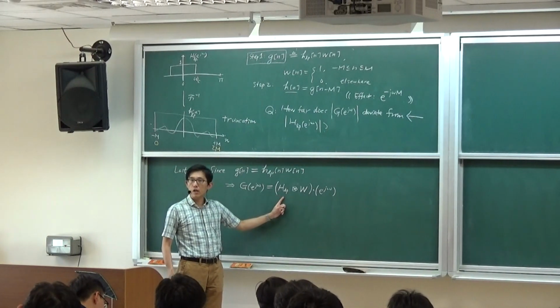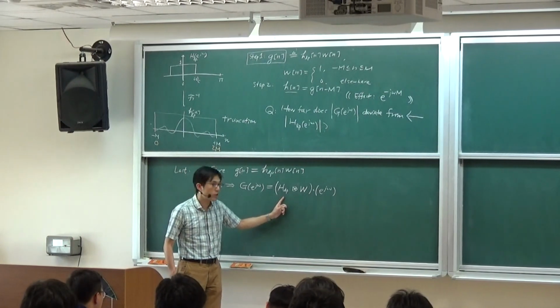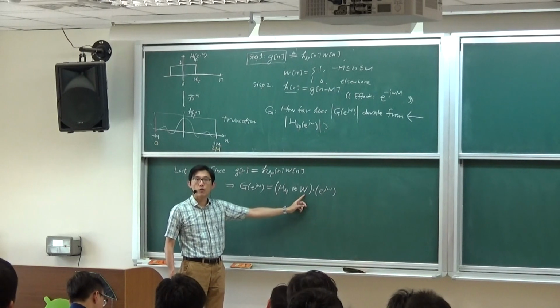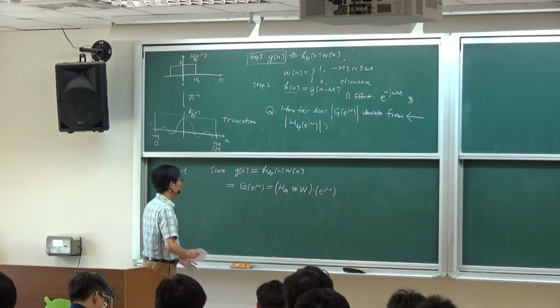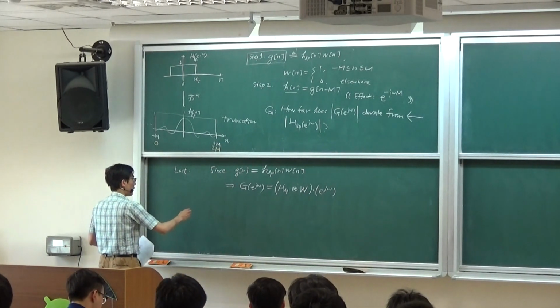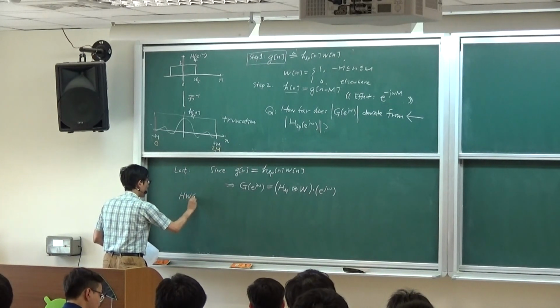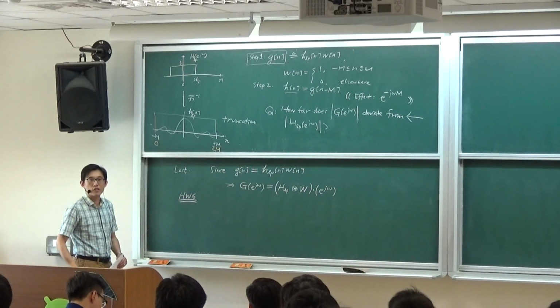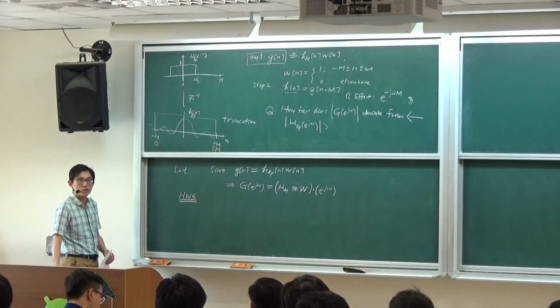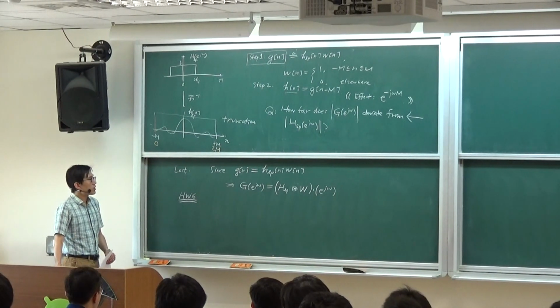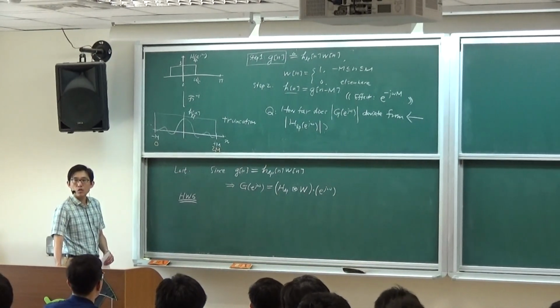One is the ideal spectrum, the ideal low-pass response. The other is the Fourier transform of our window. Actually, this is your homework number 6. In homework 6, you are given a chance to mathematically write that the DTFT of our window is such and such.